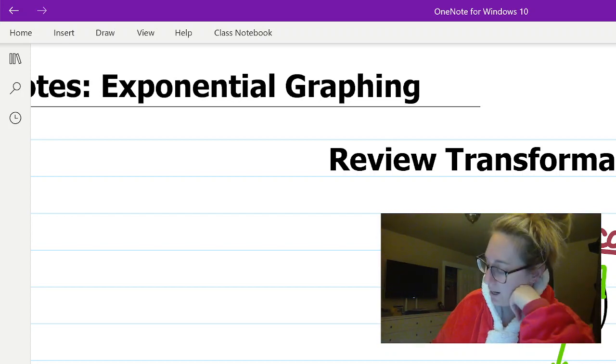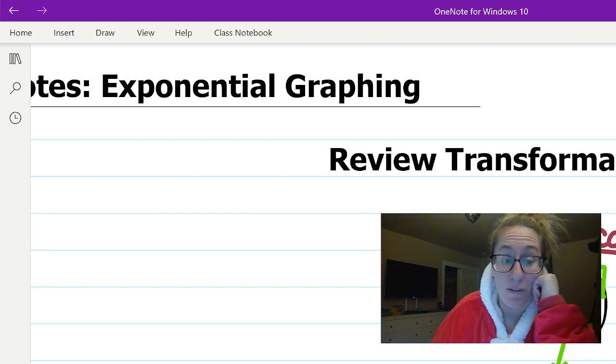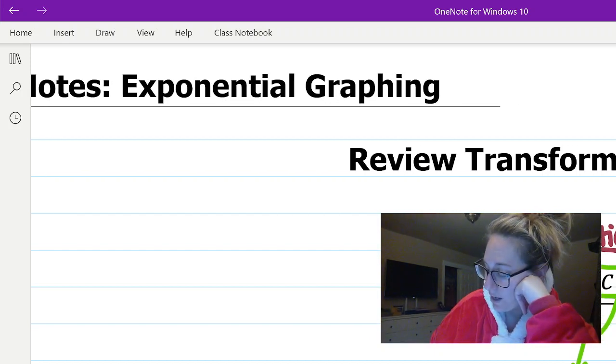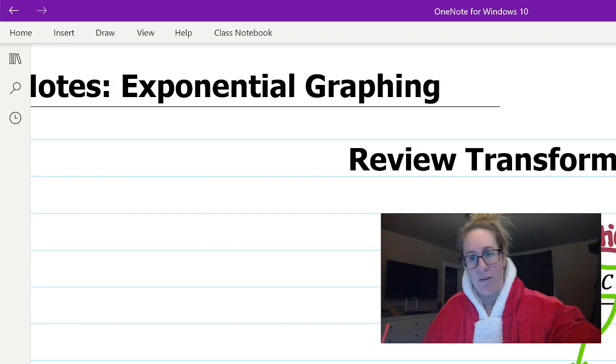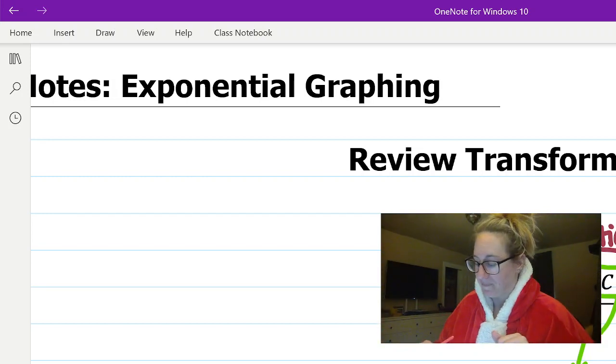All right. If you have a negative A, this is a reflection. So negative A is a reflection, upside down. It takes your graph and reflects it upside down, over the x-axis.